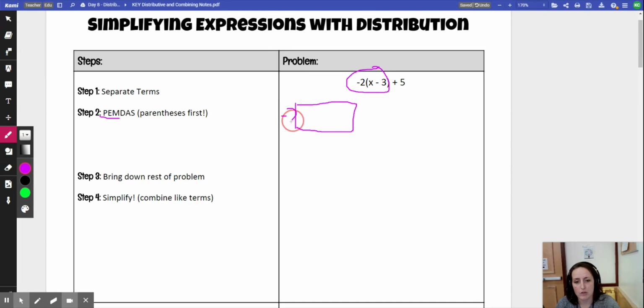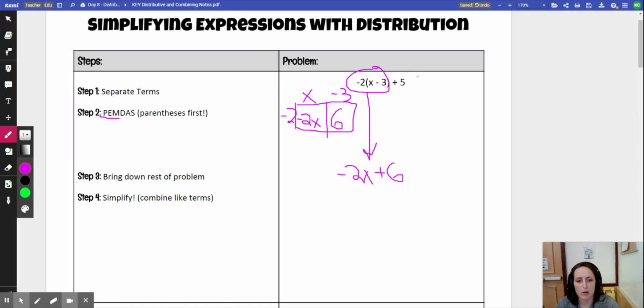We've got -2 on the outside, split it in two pieces, x and a -3. -2 times x is -2x. -2 times -3 gives us a +6. So now I know the distributing gives us -2x plus 6.